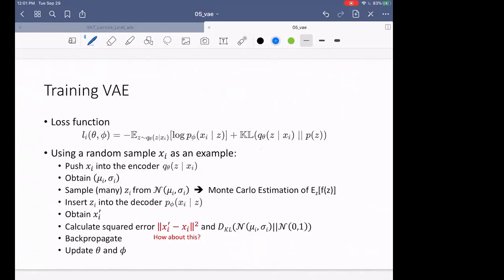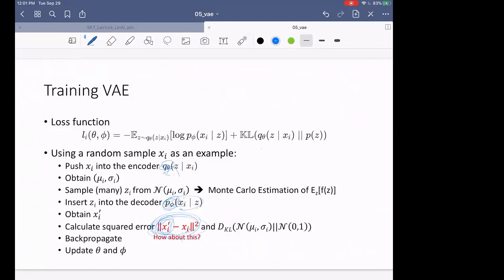The problem is this part. Can you calculate this and update? This part involves both theta and phi, because x prime i is coming from your decoder, but your decoder depends on your encoder. So both phi and theta are involved in deriving your x prime i. When you want to minimize your MSE for this term, you need to manipulate both phi and theta.